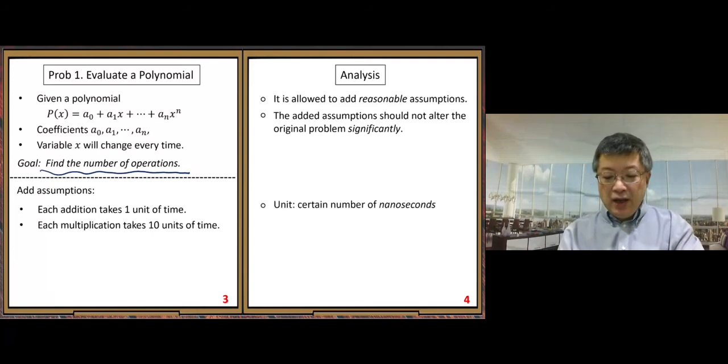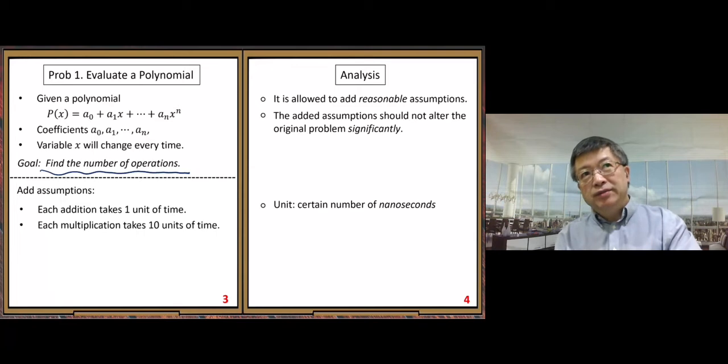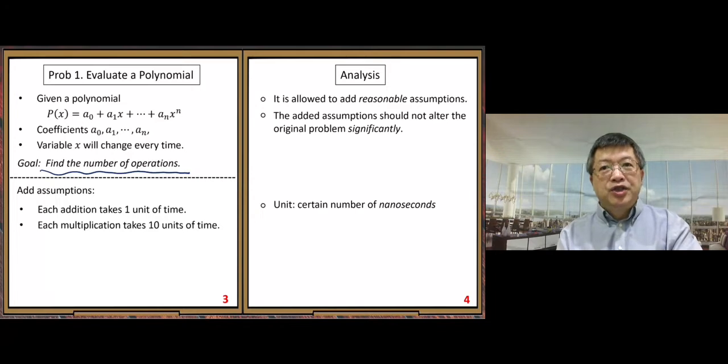So what unit are we talking about here? What unit? A certain number of nanoseconds.